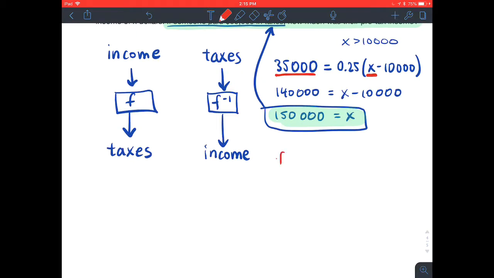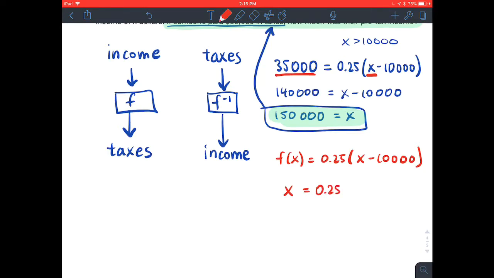So if our original f of x equals 0.25 times (x minus 10,000), finding the inverse function is all about making our output our new input. So we're saying our variable here, our input, is going to be the amount of taxes paid.